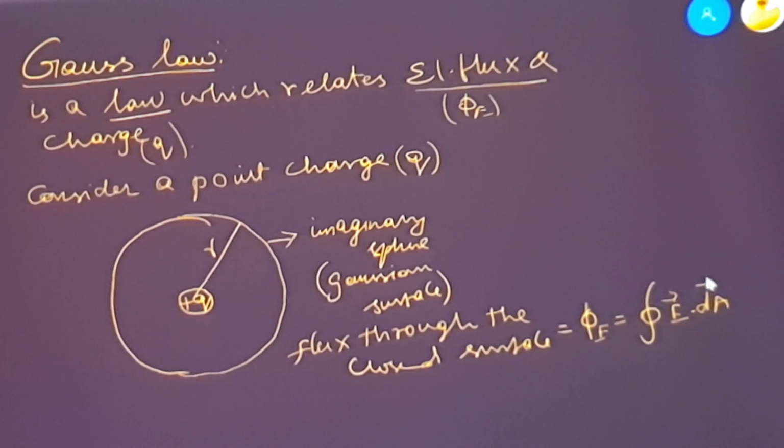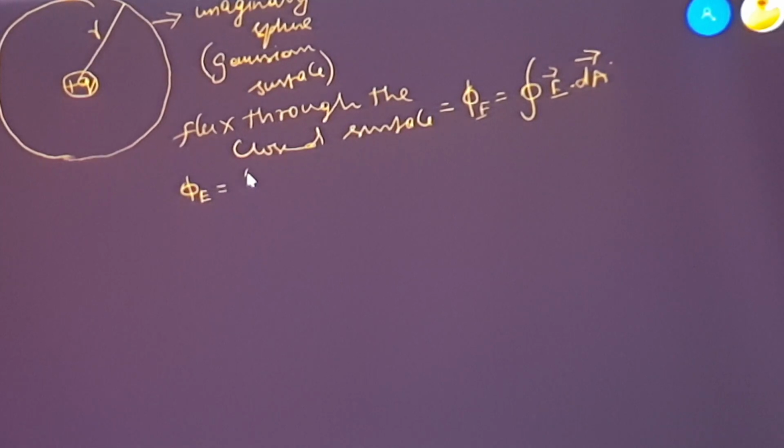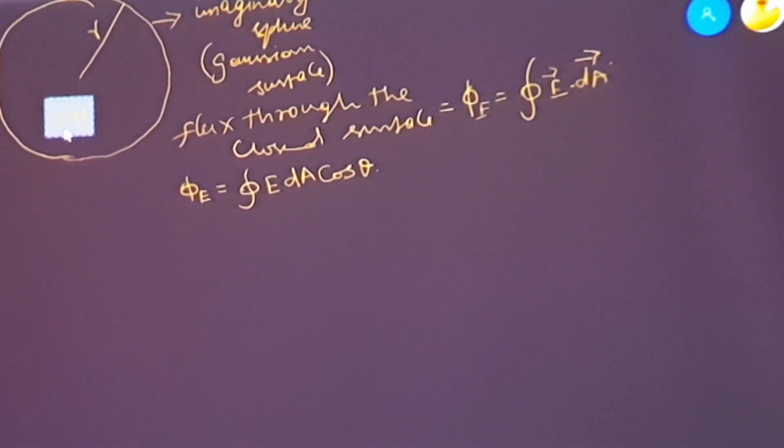When taking the dot product, I can write phi E is equal to the closed integral of modulus of E vector, which is E, times modulus of dA vector, which is dA, times cosine of the angle. The angle is the angle between the normal drawn and the direction of the electrical field. I will represent it as theta.